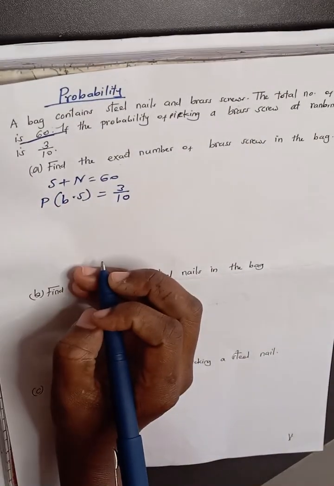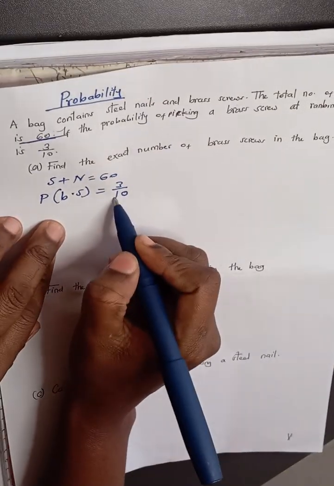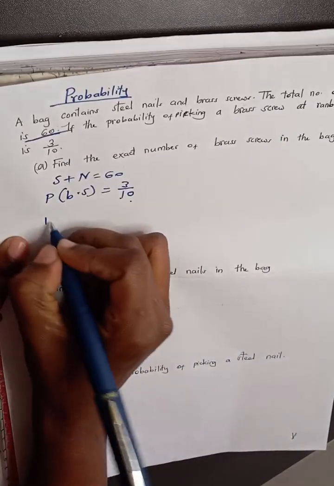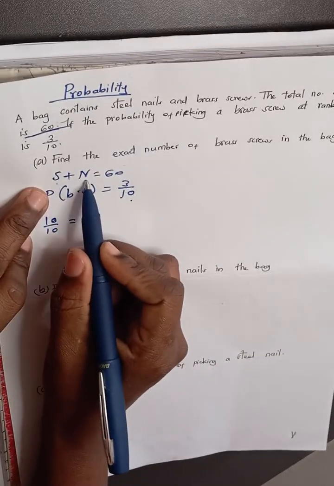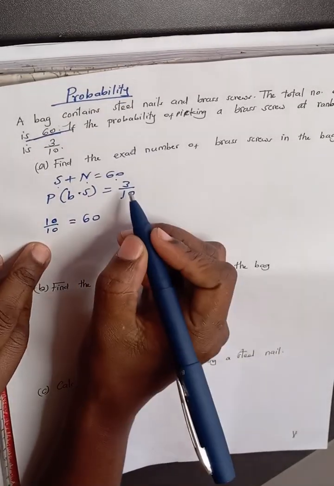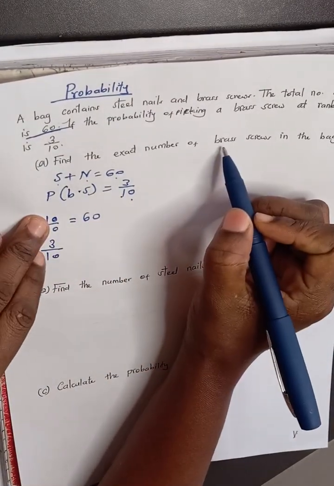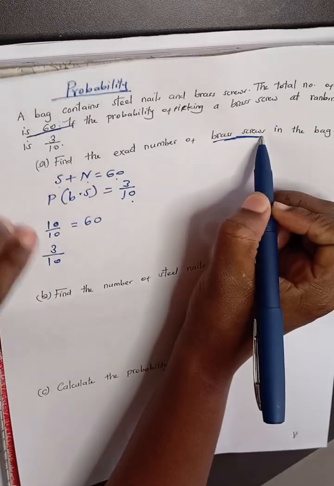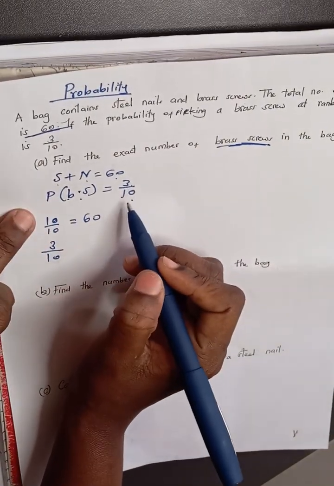Now on this we have two methods. Since screws plus nails is equal to 60, 10/10 is equal to 60. How about 3/10? The question is to find the brass screws. This is the probability of getting brass screws.